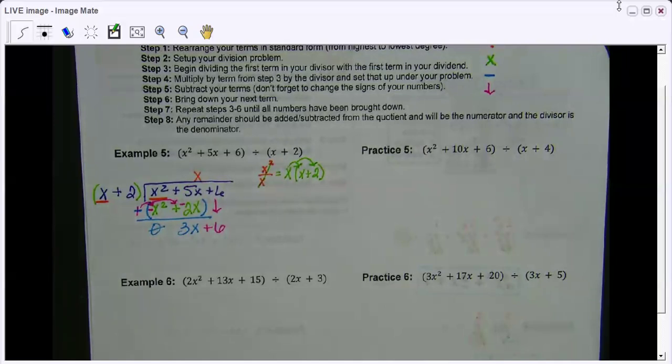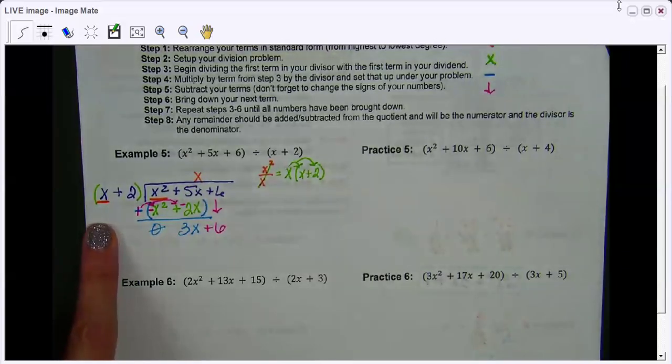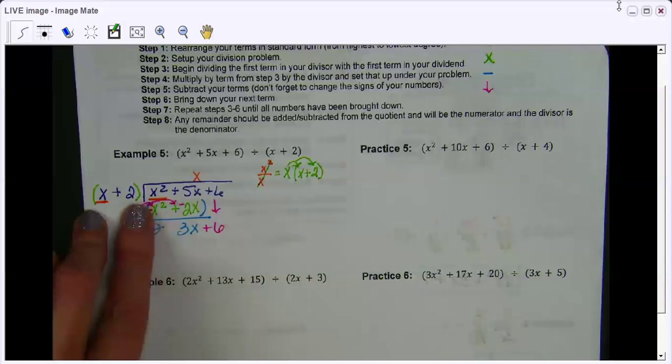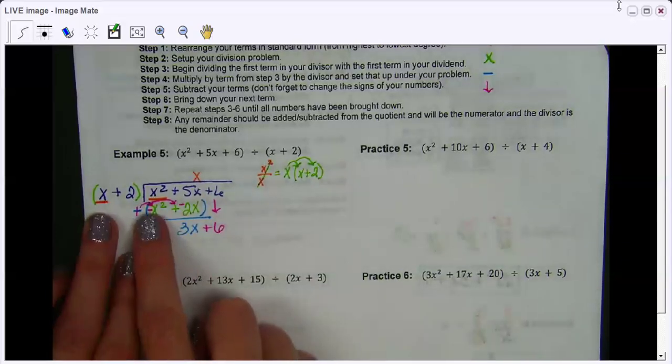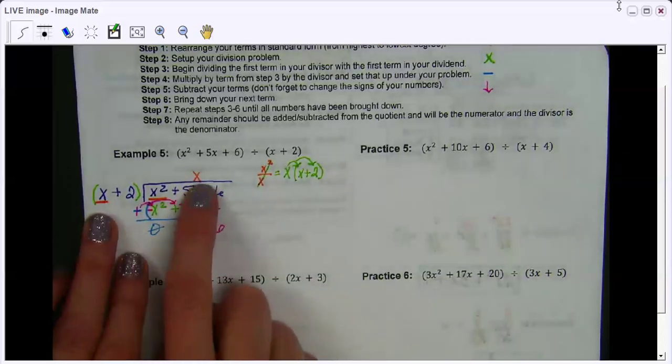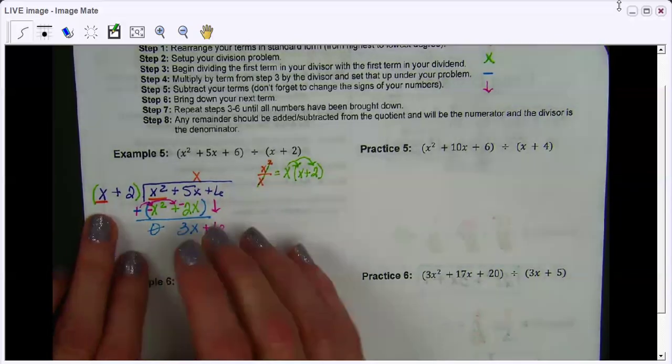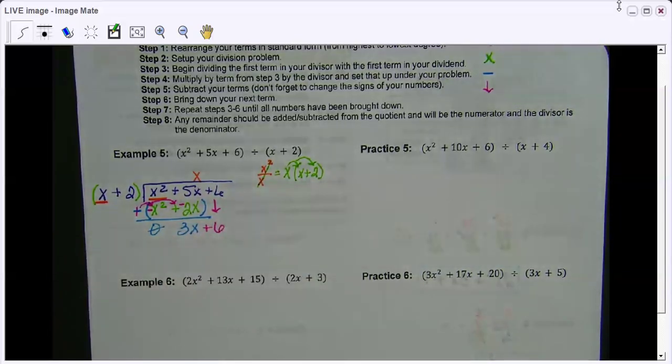So we're taking the x first and then only doing the first term, and you multiply it times the term you're dividing by. And then this is a lot. It is. So remember I said we're going to do 4 or 5 of them and then you'll get the pattern.